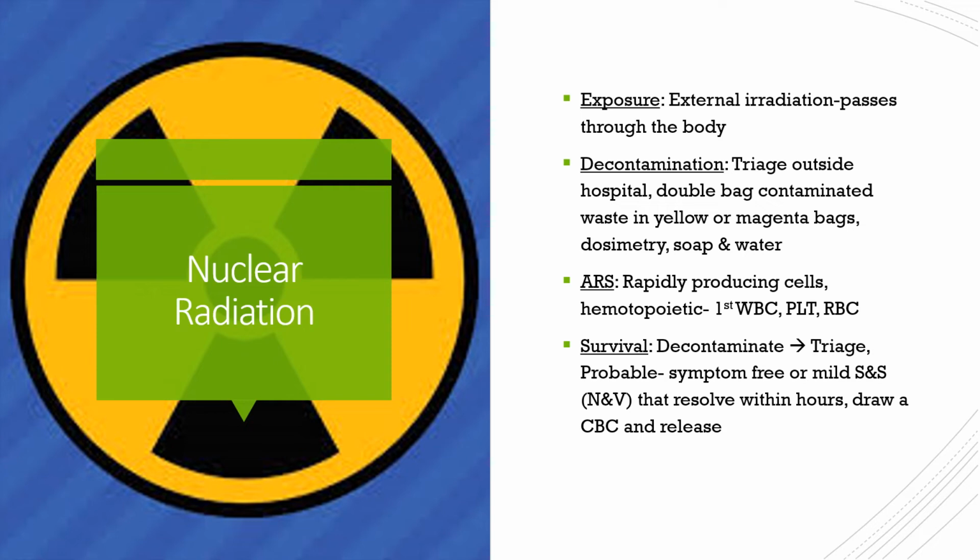Most people are symptom free or have mild signs and symptoms such as nausea and vomiting that will resolve. So like I said, they'll draw the CBC, release the person, and then they come back for follow-up lab work. So yeah, that's kind of nuclear radiation in a nutshell.